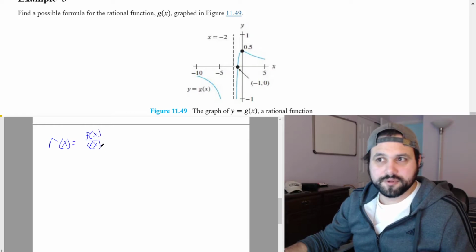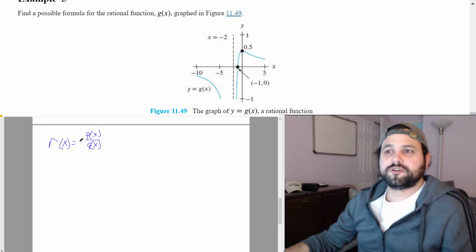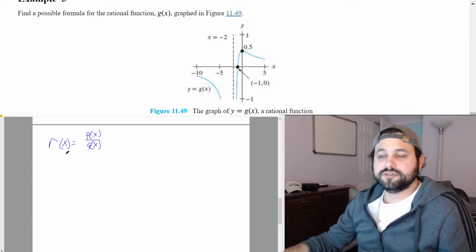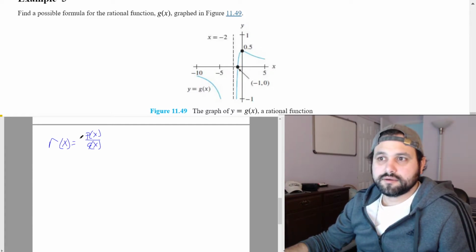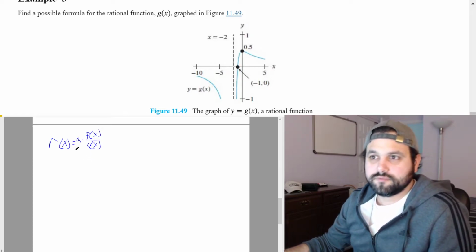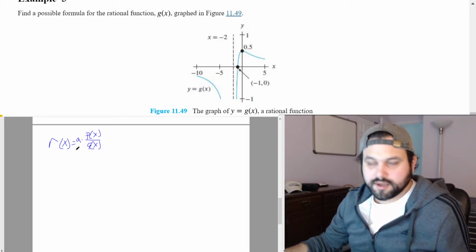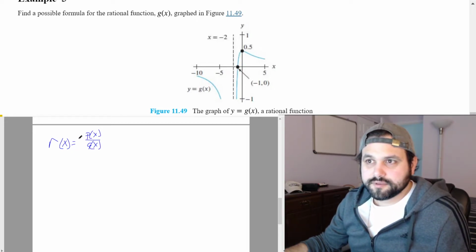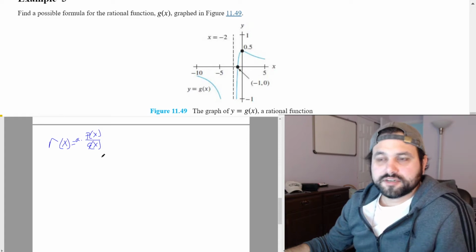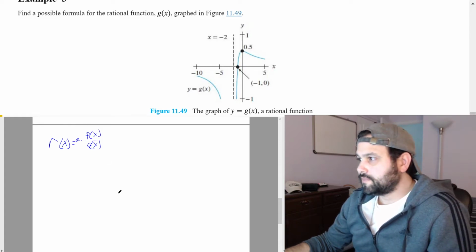These are both polynomials, but then it's also important to remember that this can be scaled just like any other function. So there can be a coefficient out front, an a value that we would have to solve for, just like we've done with many other functions. So let me try and make that an a. Okay, so there's our rational function form.